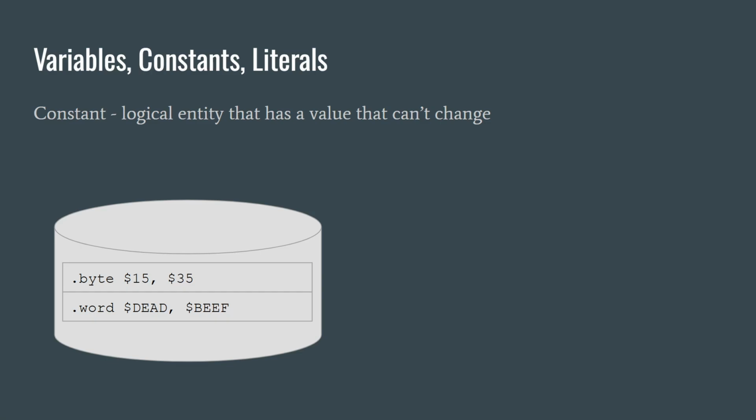But here are two, so you can kind of see this. There's a .byte and a .word. And these two instructions are doing exactly what they say. They are placing specific values into the program memory at whatever address the assembler is currently assembling for.